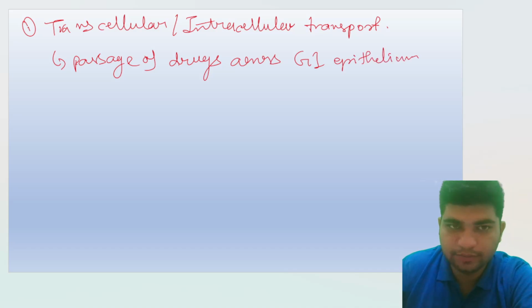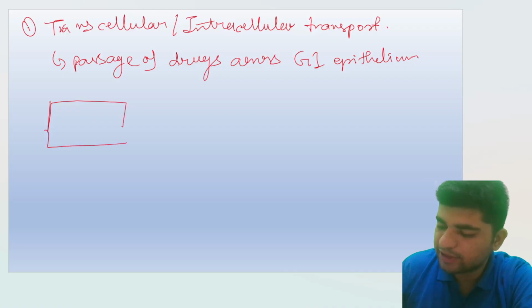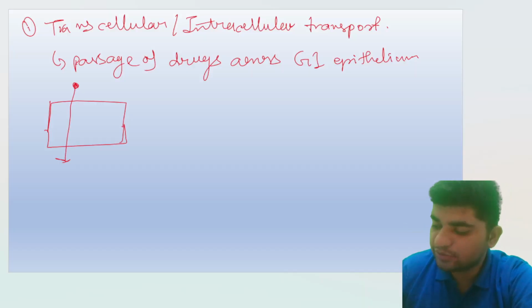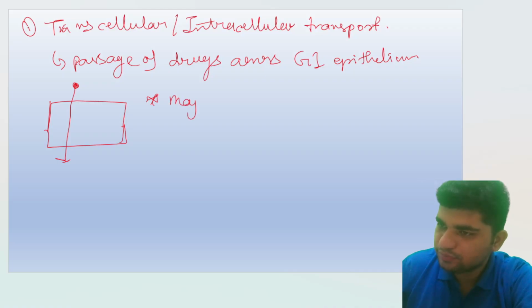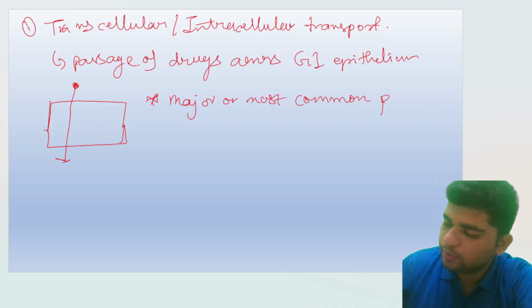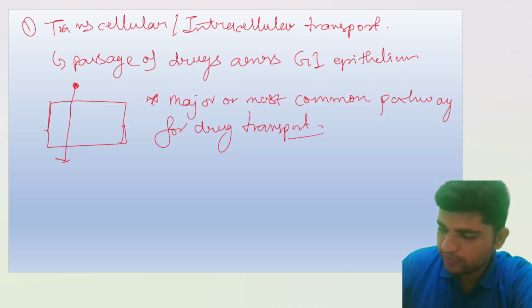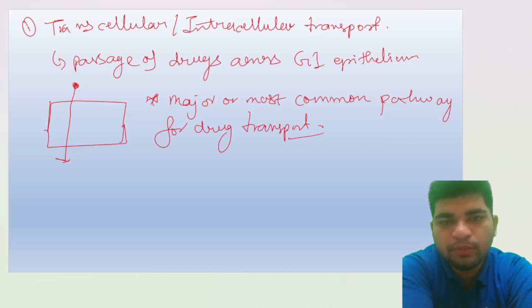For example, this is the GI epithelium, and the drug is going to pass from here to here directly, across the GI epithelium. It is the most major, most common pathway for drug transport.